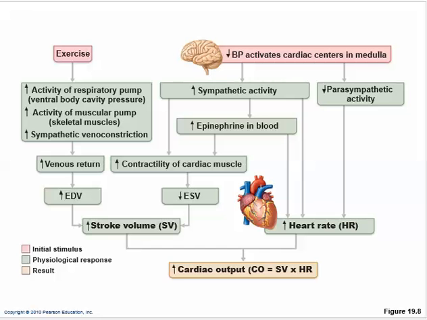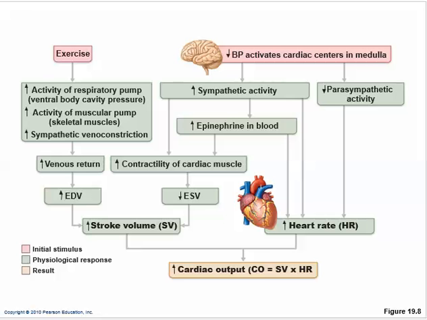If a decrease in blood vessel pressure triggers the brain to activate the cardiac centers, then sympathetic activity makes the heart more contractile, which means it pushes more blood out, which means there's less end systolic volume, which then increases the stroke volume, which increases the cardiac output.